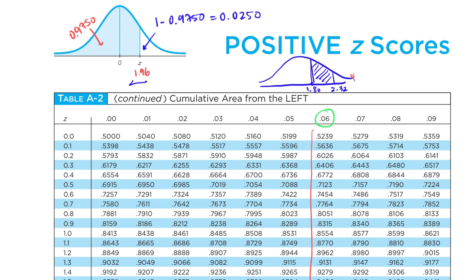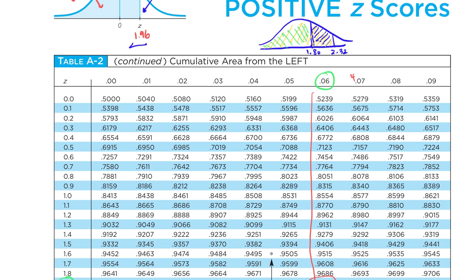And so we first need to find the corresponding area for each of these z-scores. One on the left, all the way from the left up to 2.32, and another all the way from the left up to 1.8. And so if we take the yellow area minus the green area, we would get the blue area. And so we would need to look up twice. For each z-score, we would need to look up the corresponding probability.